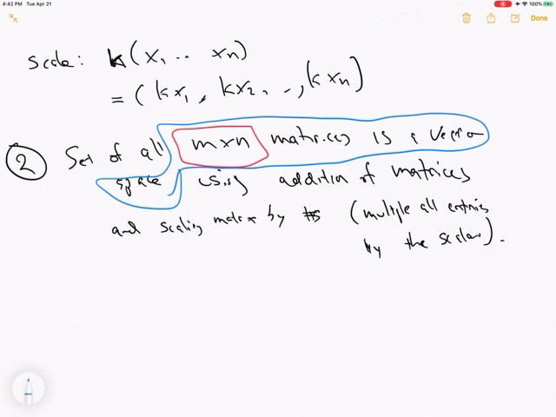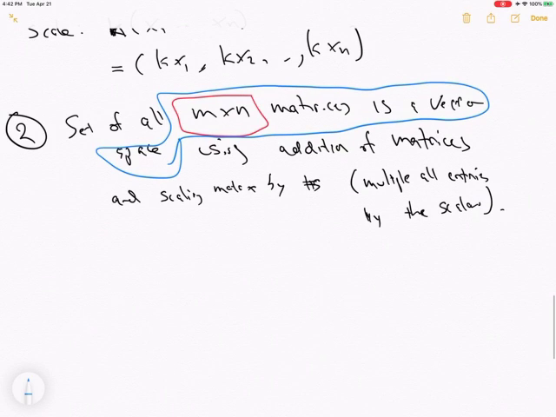Okay. So a mini example would be, for example, all 3 by 2 matrices. That's one vector space. Or all 5 by 5 matrices. Just like the Rn example, that gives you infinitely many examples. R1 is a vector space, R2 is a vector space, R3 is a vector space.